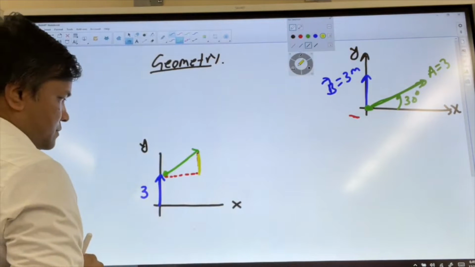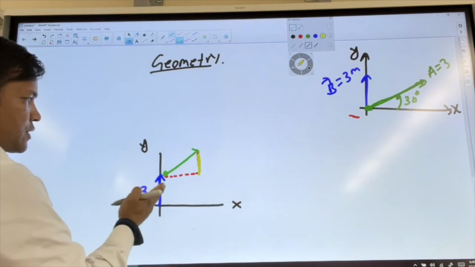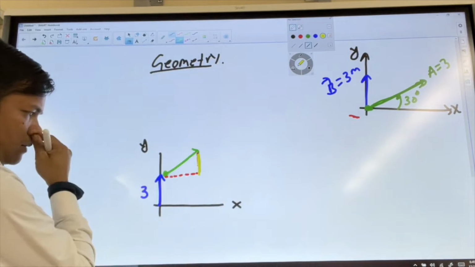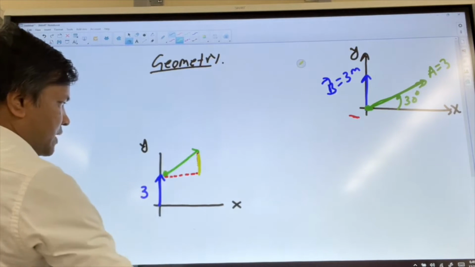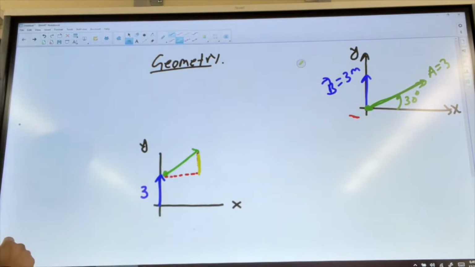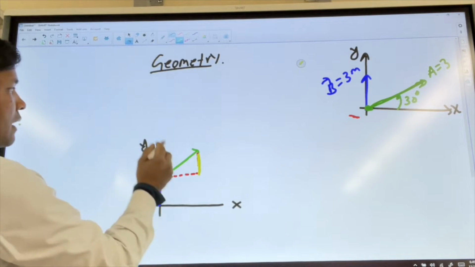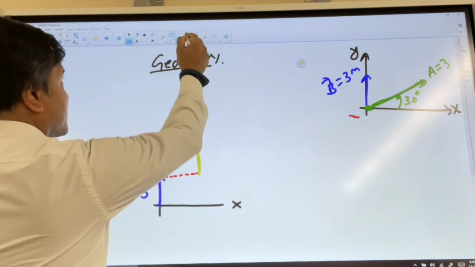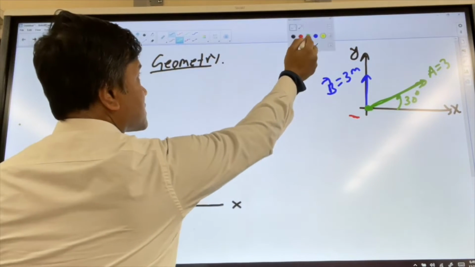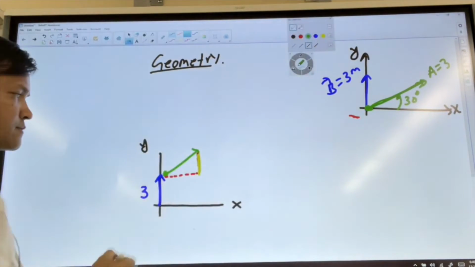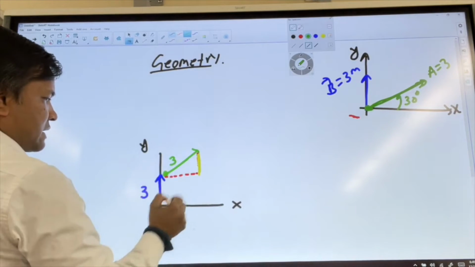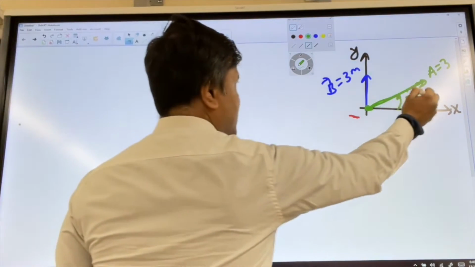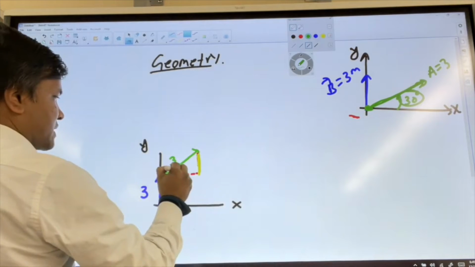So how do I know how much is the x and how much is the y? Well, pretty simple. This is 3, we know that, so let's write 3 over here. This is 3, and this is 30 degrees. Why is that 30 degrees? Because this is 30 degrees, so this must be 30 degrees.